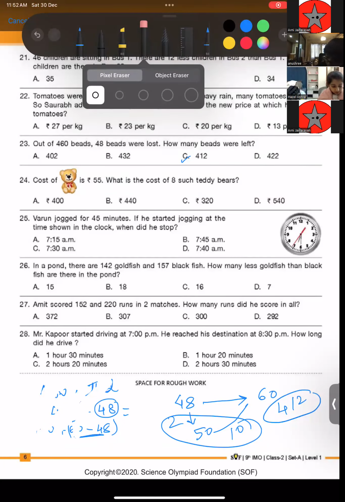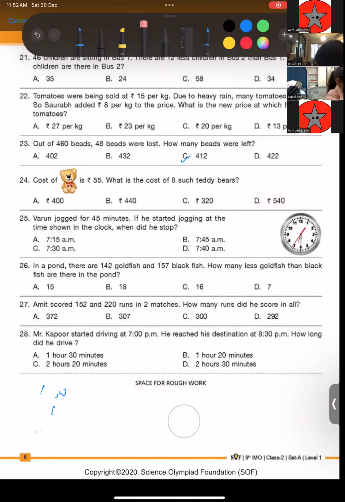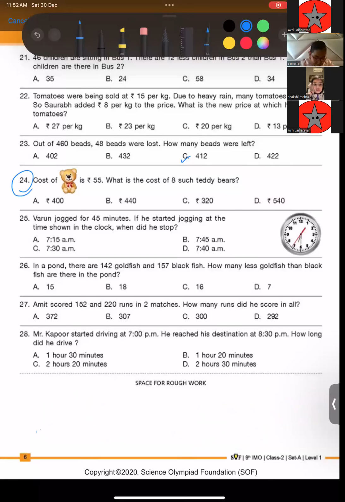We are on 24th, beta. Ma'am, I also do 24. Yeah, Samara, 24 is easy, right? Yes, ma'am. Everyone, who is finding 24 a difficult question? Tell me.